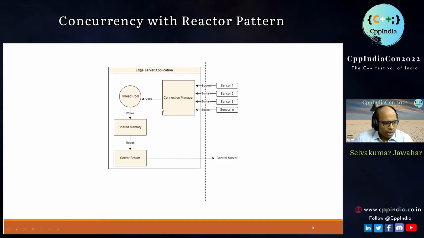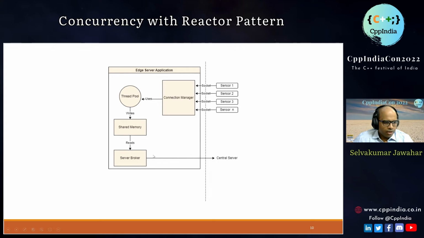The idea of this design is that whenever a sensor connects, there is one thread per connection. So there is a thread pool. The server connection manager establishes the connection. It uses a thread from the thread pool, and the thread takes care of the communication with that particular sensor and writes the data into some shared memory.